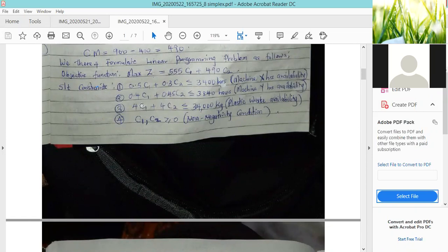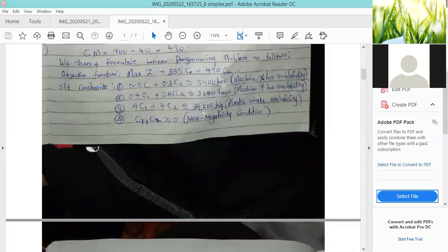If we substitute 4250 for C1 and C2, you'd arrive at a figure of 34,000. We have exhausted, there's no balance. And if we have exhausted, then we can pay a price, which we call the shadow price, per unit of any extra unit we want to obtain from the market.